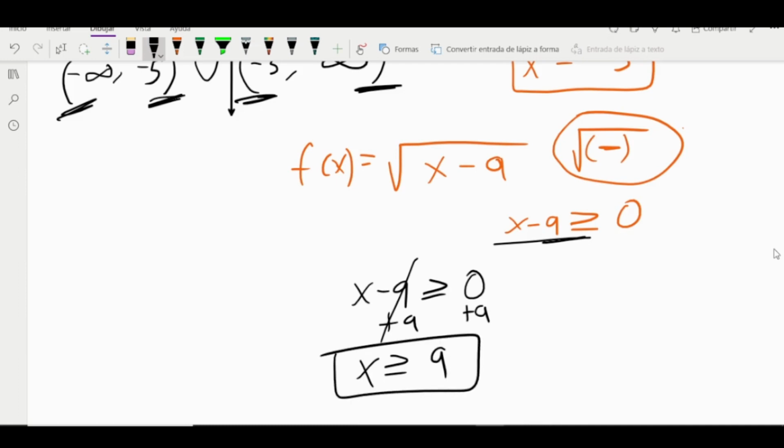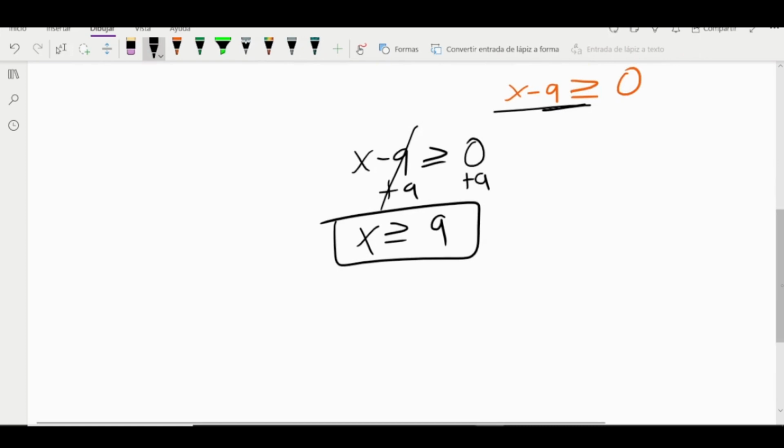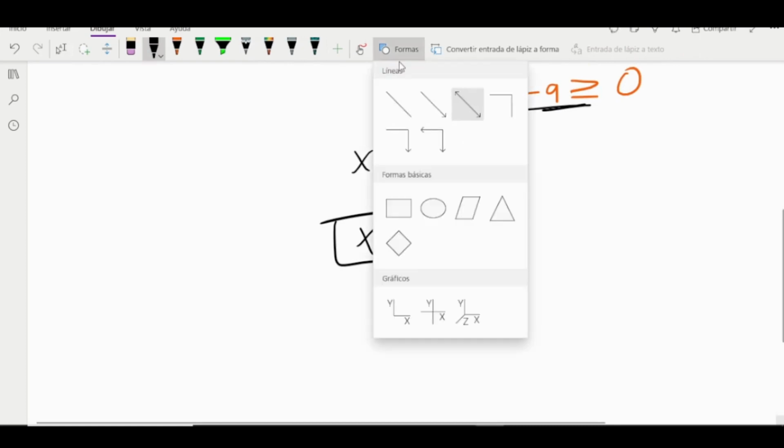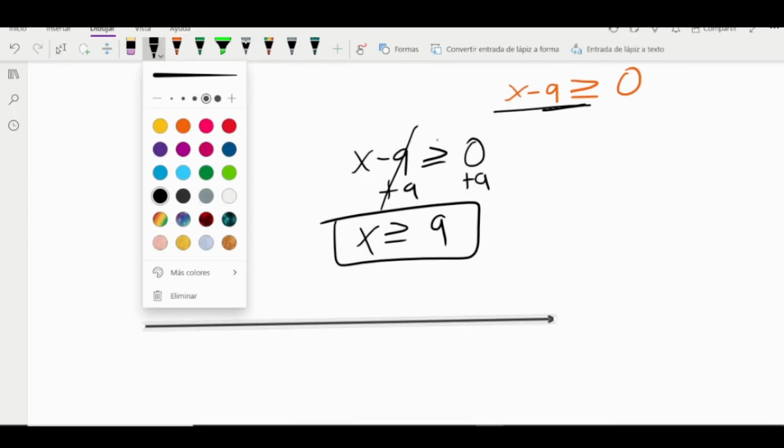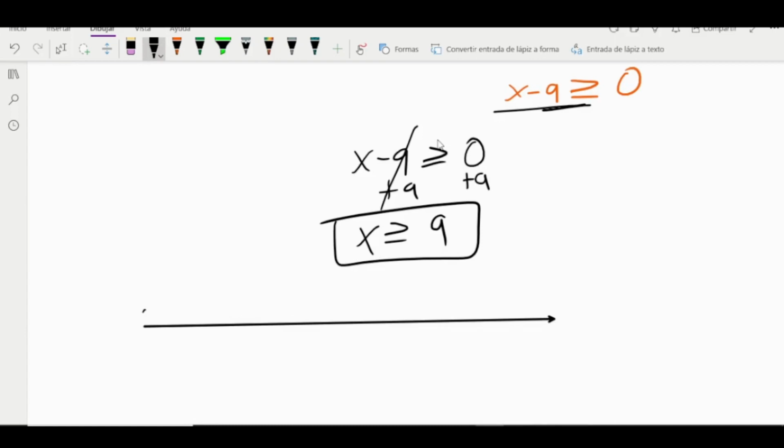The idea is that I'm going to write only the axis of x, okay? Imagine that we have the 0 here, and we can take only from 9 until the infinite, okay?